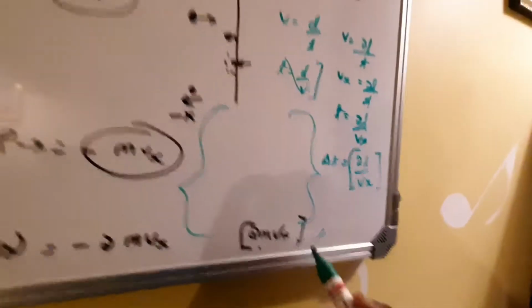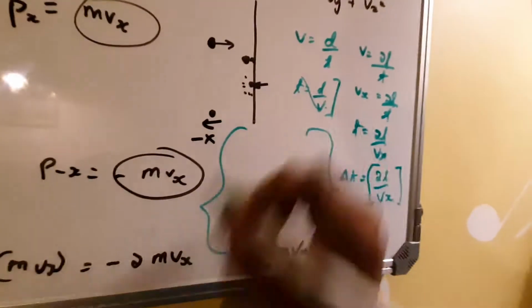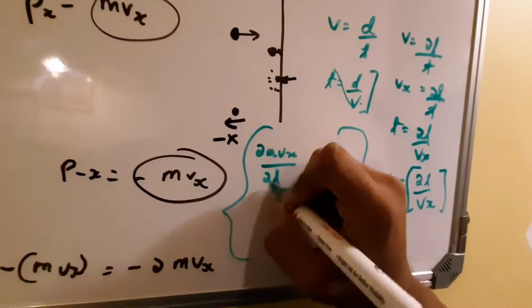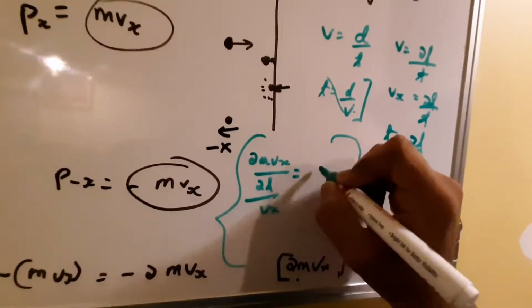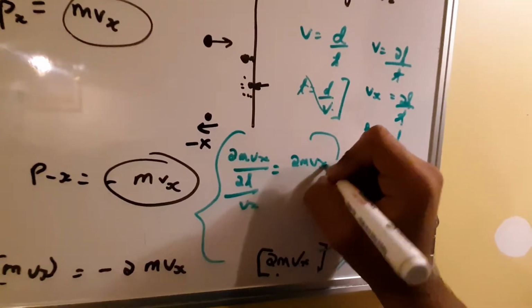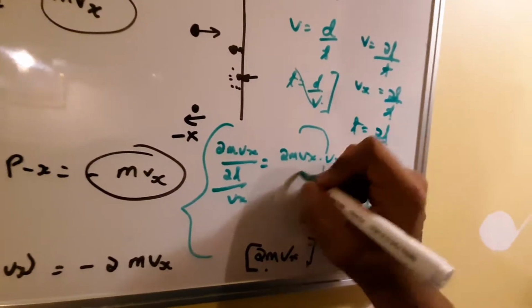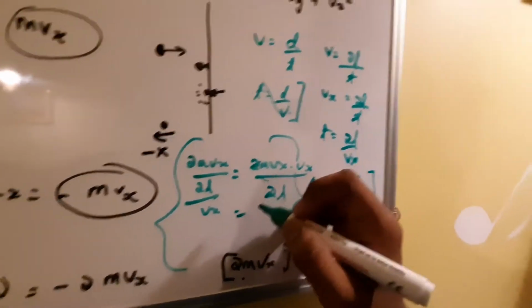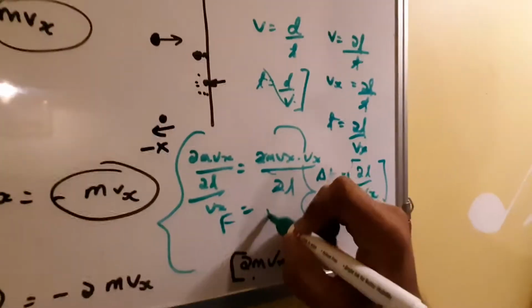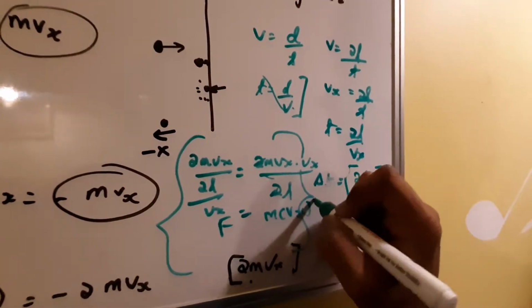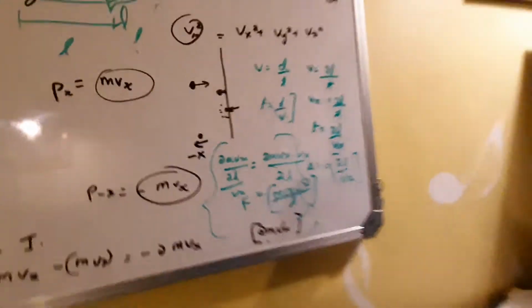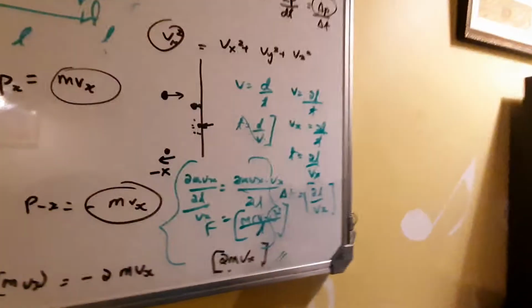Now I divide delta p by delta t to get 2 mvx divided by 2L by vx, which can be written as 2 mvx into vx divided by 2L. And 2 and 2 get cancelled. My resultant force is equal to m vx the whole square divided by L. This is the first part of our derivation.